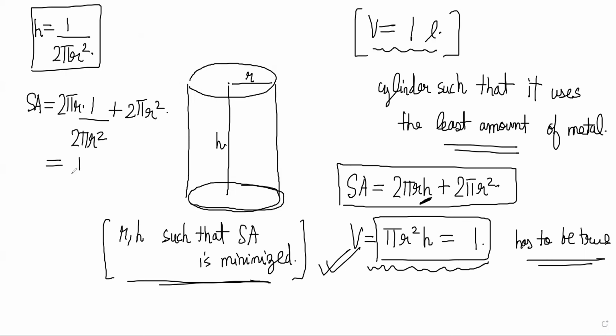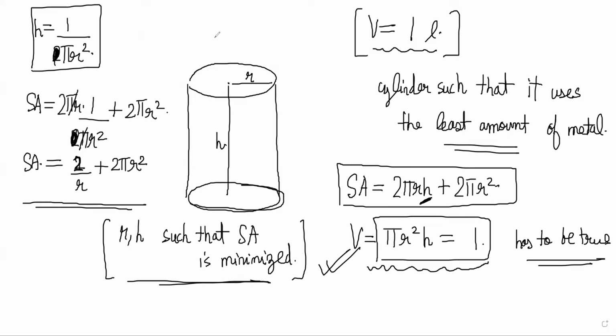So this will become 2 by r plus 2 pi r square, right? Since the volume is pi r square h equal to 1, h is 1 by pi r square. Correct. So it becomes basically 2 by r.